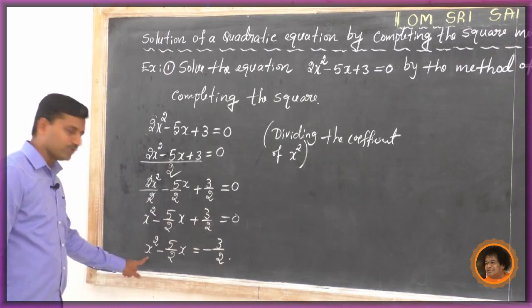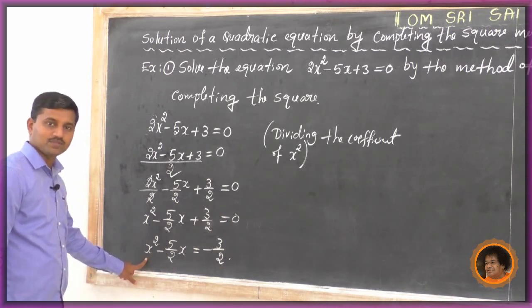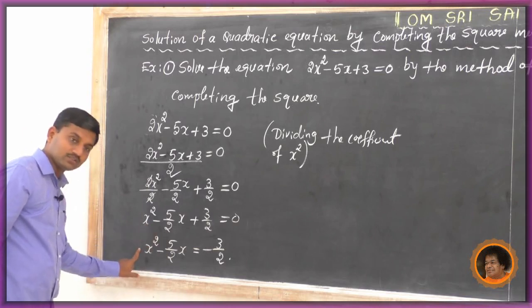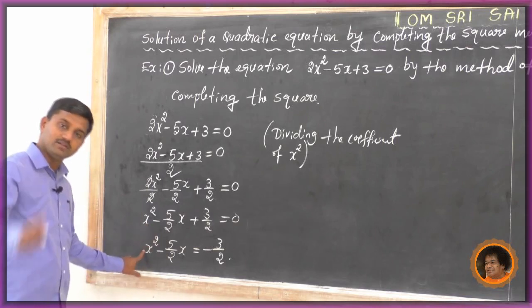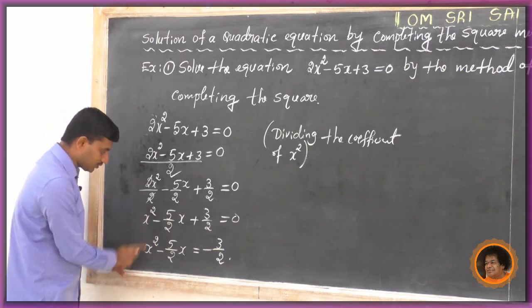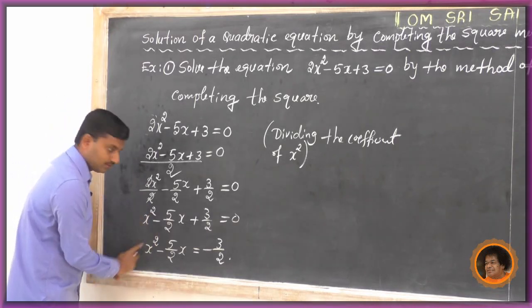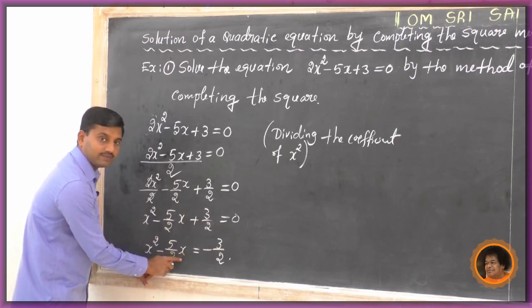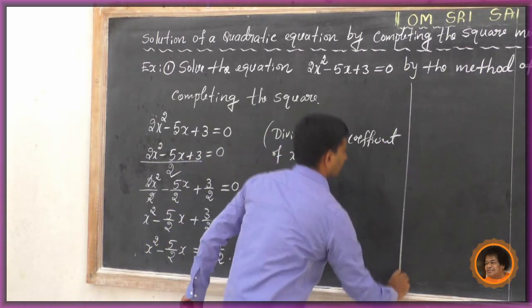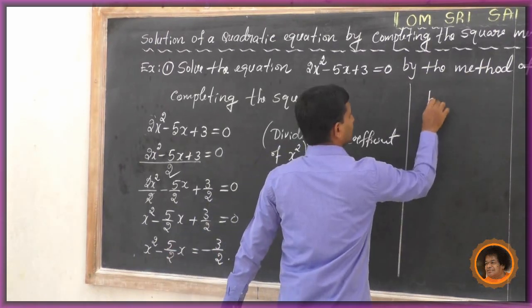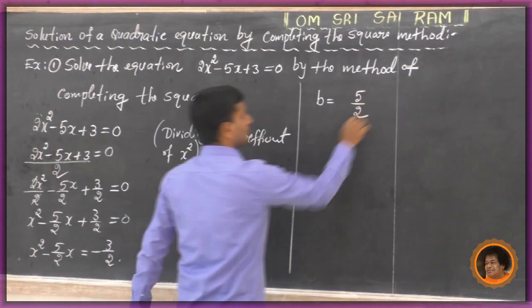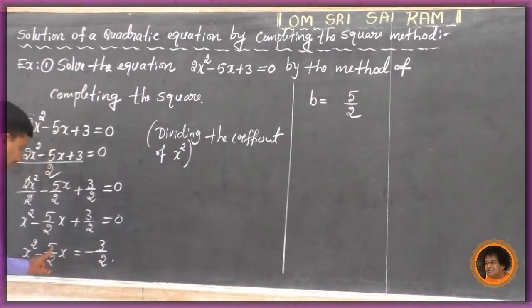Now check the coefficient of x square. Suppose the coefficient of x square is 1. So what is the coefficient of x square here? Coefficient of x square is 1. Take half of the coefficient of x. So here the b value is 5 by 2.